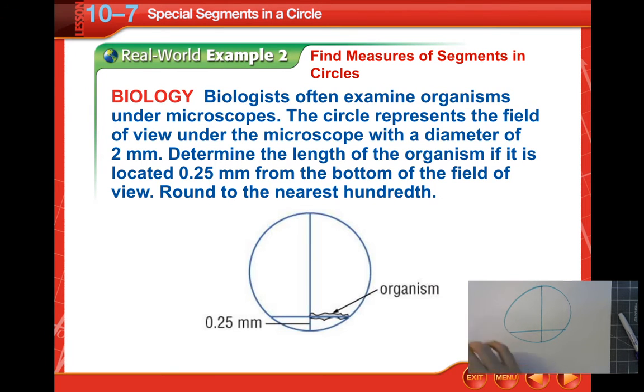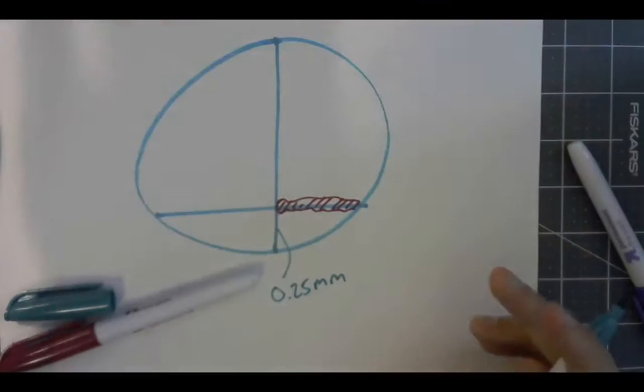Okay, that is my crosshair, kind of. My organism is right here. I am told that this is 0.25 millimeters.